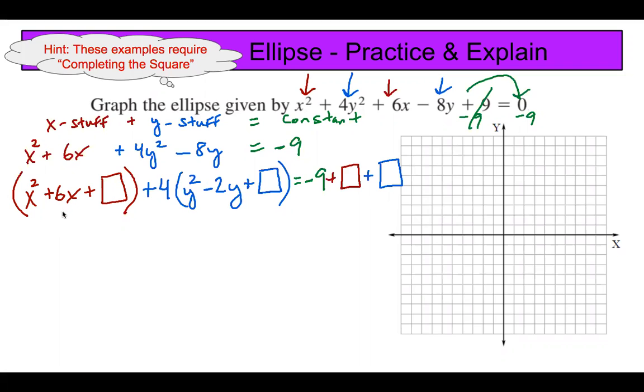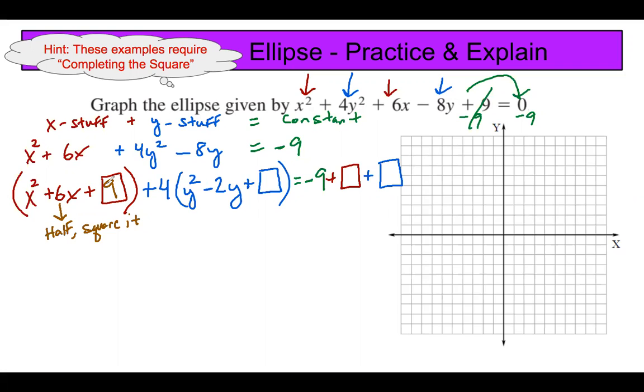So it's b divided by 2 squared, or I like to just write it out in words. Take half of this b coefficient, which is in front of the x, and then square it. Okay? So half of 6 is 3, and 3 squared, 3 times 3, is 9. So 9 goes into the box.